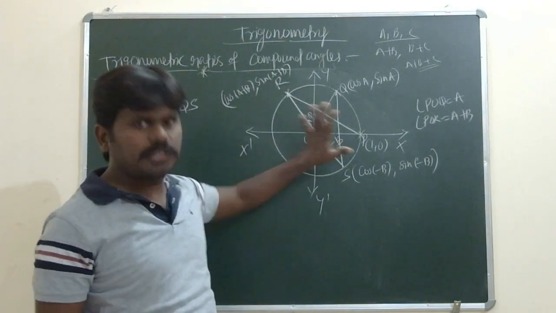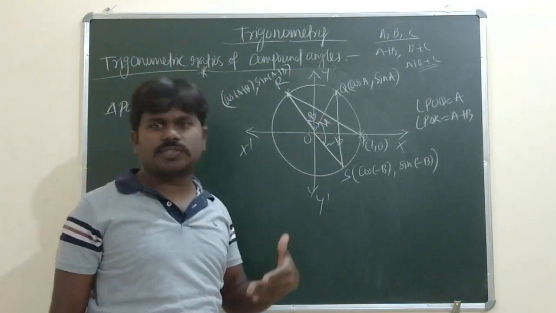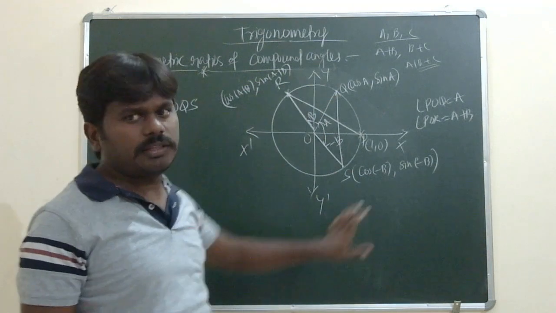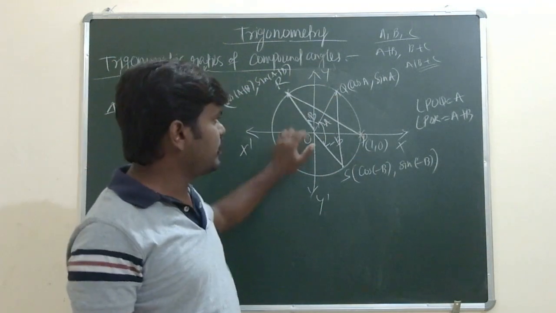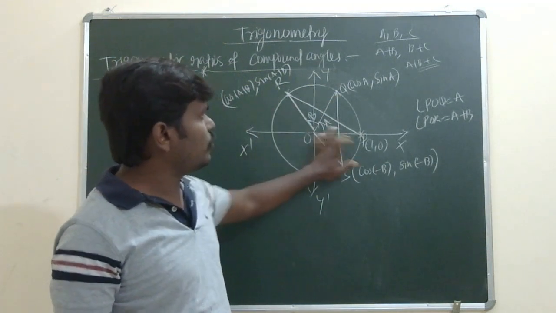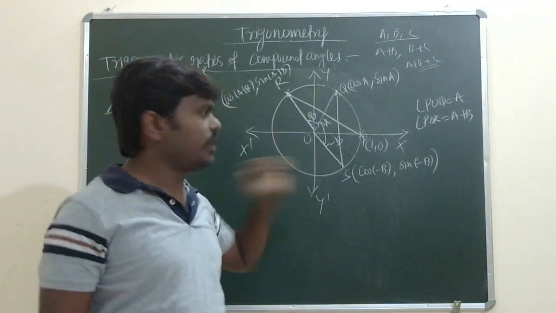All these sides are equal because they are nothing but the distance from the center of the circle to a point lying on the circumference of the circle. So that means they are the radii only. So OR is equal to OP is equal to OQ is equal to OS.